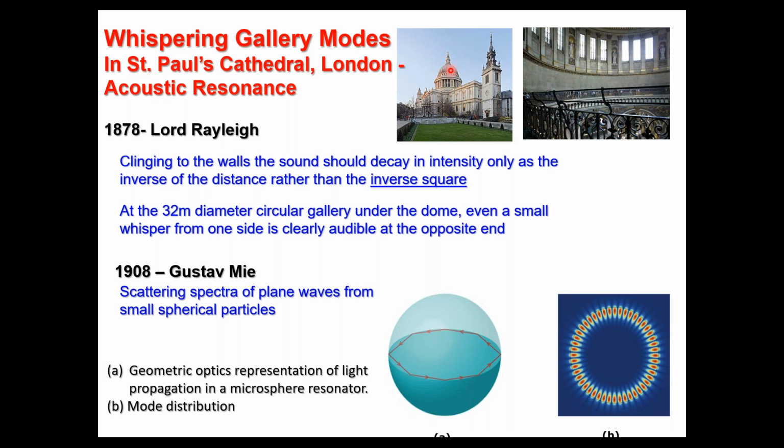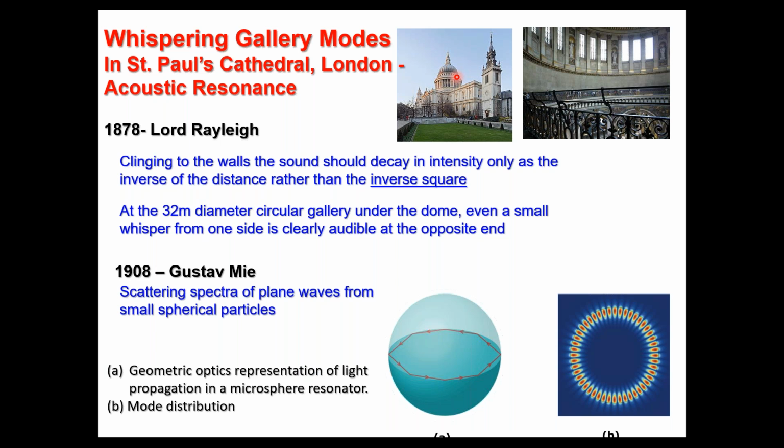This dome is about 32 meters in diameter. It's a circular gallery under that dome. So even a very small whisper uttered from one side of this gallery is very clearly audible at the other side or the opposite side of the gallery. So what is happening here is the acoustic resonance.